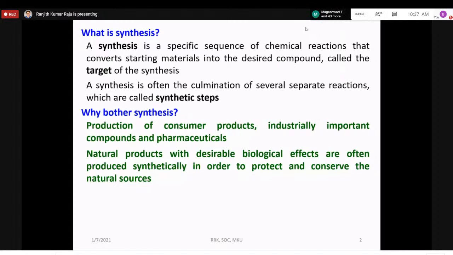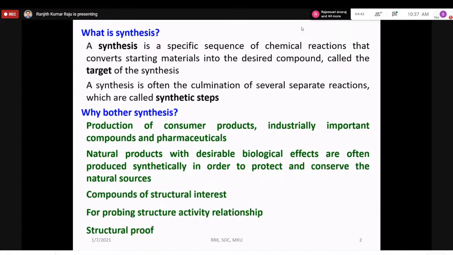So once you isolate that compound and find that one particular compound is responsible for curing a disease, then you need to make it in the lab, in order to conserve the natural source. You can't depend on the plant or the animal. So you identify the compound, you elucidate the structure, then you make it in the lab. This is another important point to justify why you want to synthesize.